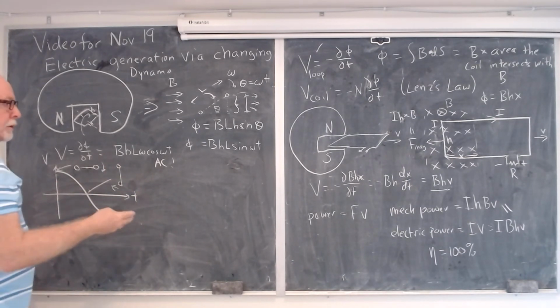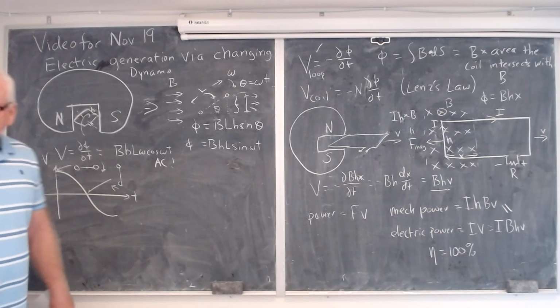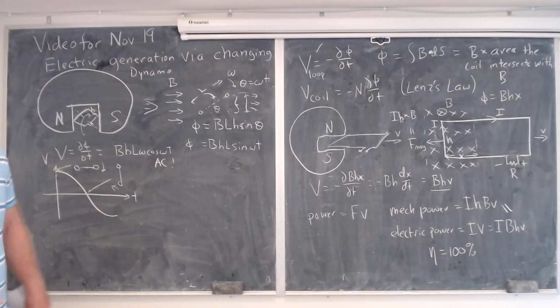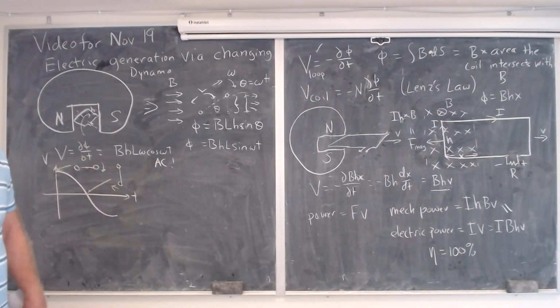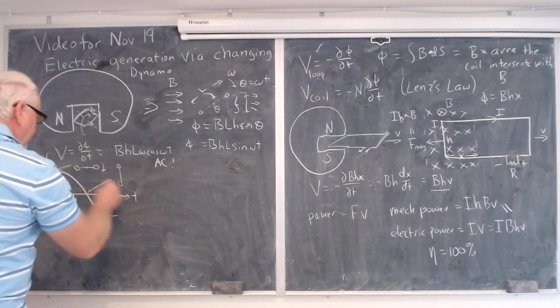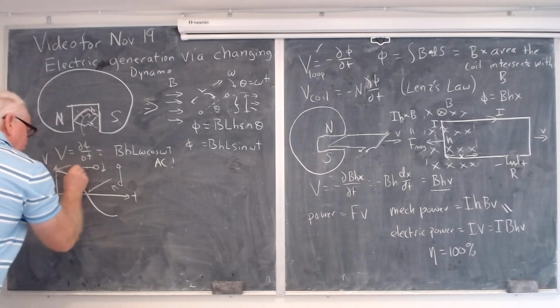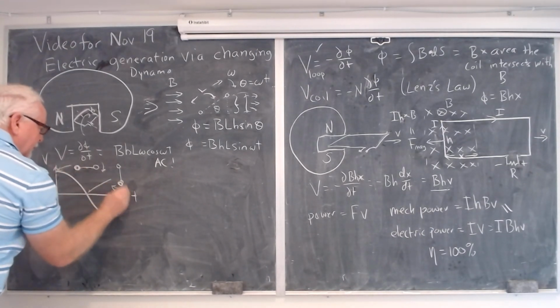You understand that from first year calculus: at the maximum of flux, the derivative is at a minimum. Let me mark this one so you see how it's rotating.